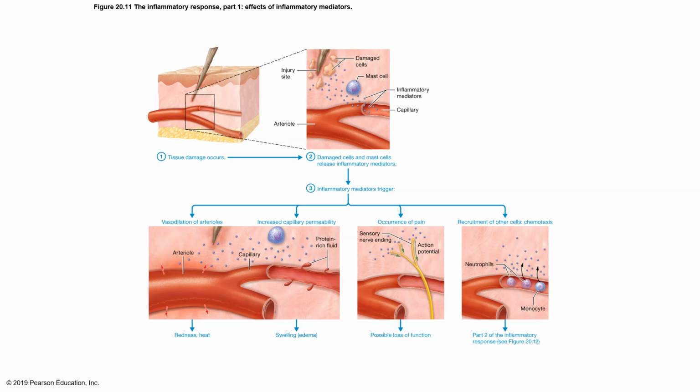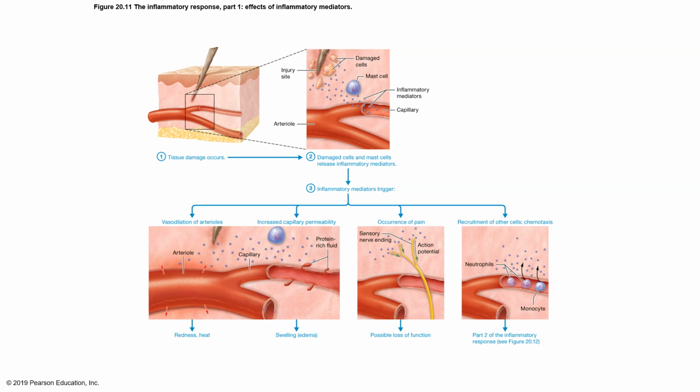A lot of edema in this area where the sensory nerve endings are, these are free pain nerve endings, will irritate these sensory nerve endings and elicit action potentials where you start experiencing pain. Possible loss of function as well. Not always, but sometimes. And then lastly, through chemotaxis, you get recruitment of other cells to the area.